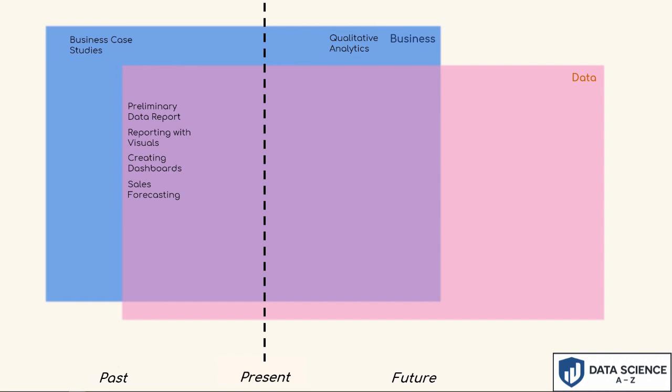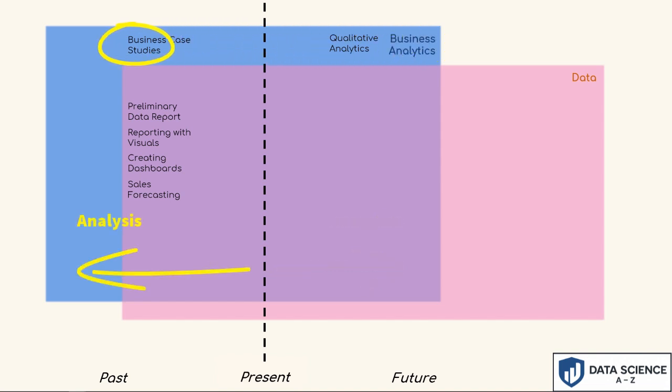We will move it up slightly to be able to contrast it to the other business term, qualitative analytics. This includes working with tools that help predict future behavior, therefore must be placed on the right. Awesome! In essence, what we have now is qualitative analytics, which belongs to the area of business analytics, while learning from business case studies is part of your business analysis.